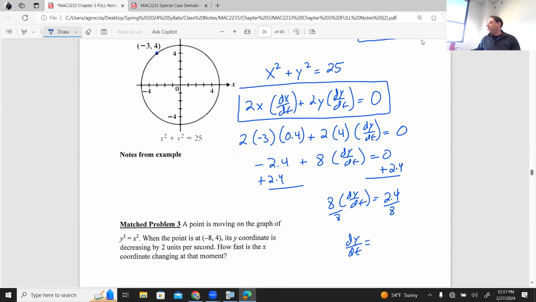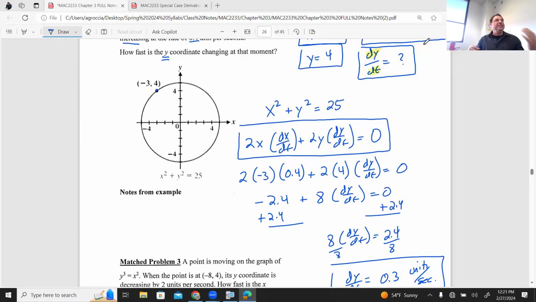How fast is y going? It's going 0.3 units per second. We find that dy over dt is 0.3 units per second. Okay.